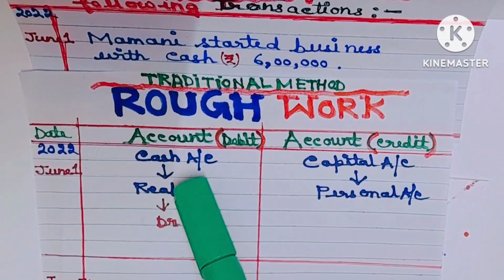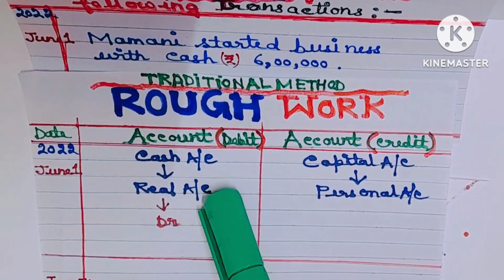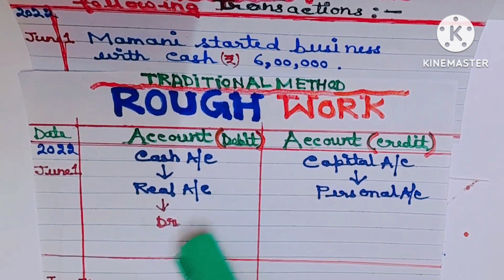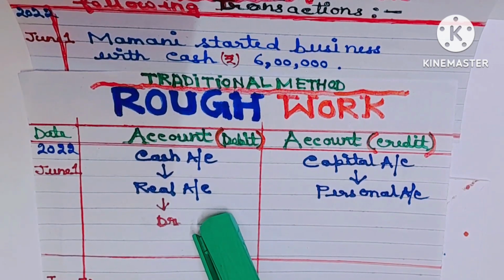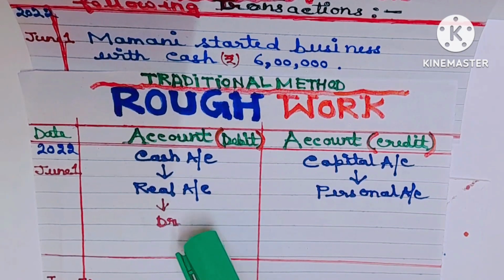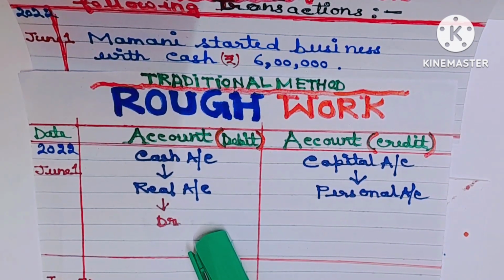Okay. Now you must be wondering how cash comes into the business. Because when the proprietor or business owner, or in this case Mamuni, is contributing cash as capital into the business, cash goes out from Mamuni. Here you got to understand the accounting principles, that is business entity concept or separate entity concept. Business entity concept states that a business is always considered to be separate from the proprietor or the business owner.